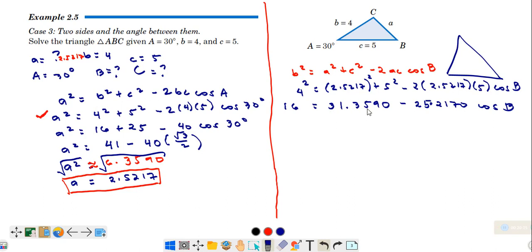Dapat, ang matitira na lang sa right side ay si cosine B. So, unahin natin tanggalin si 31.3590 by subtracting 31.3590 from both sides. So, 0 na siya dito sa kabila. Matitira na lang ay 25.2170 cosine B. Okay? So, solve natin siya.